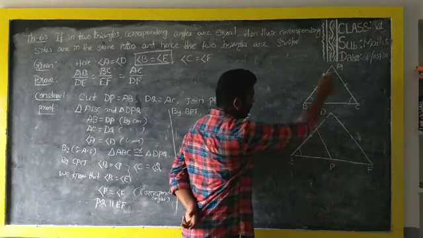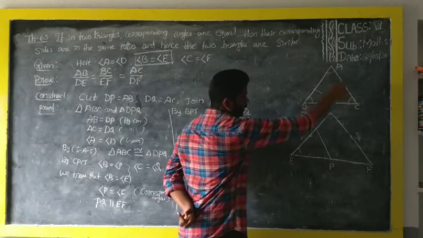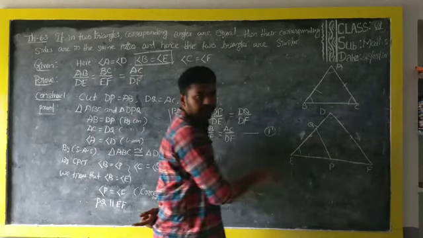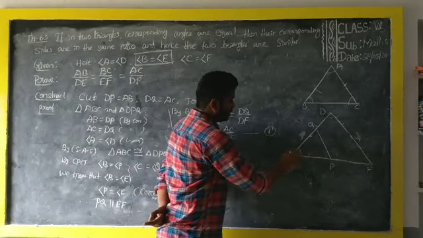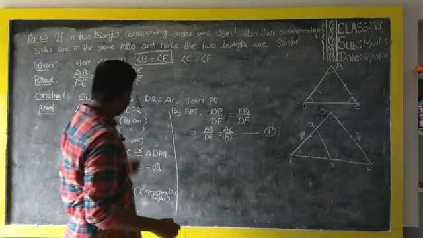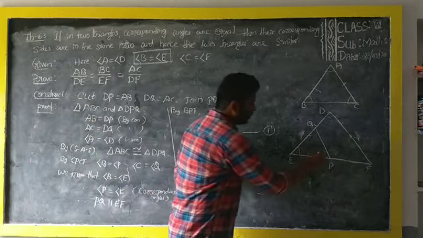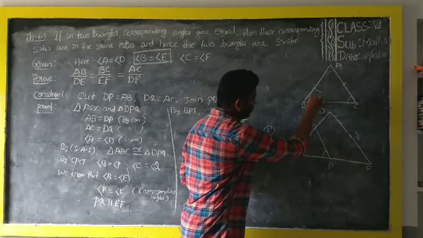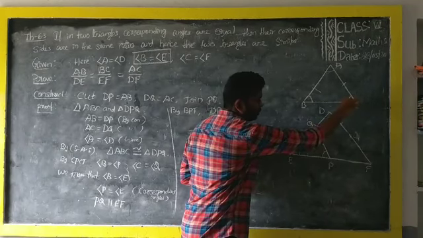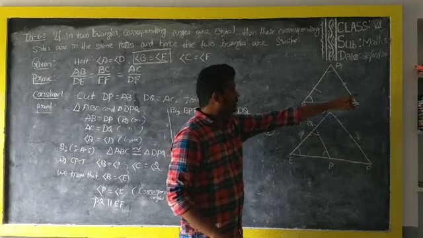Then these two triangles, triangle BCA and triangle EPQ, by SAS congruence criteria, are congruent. Then by CPCT I will take this angle equals this angle and this angle equals this angle.